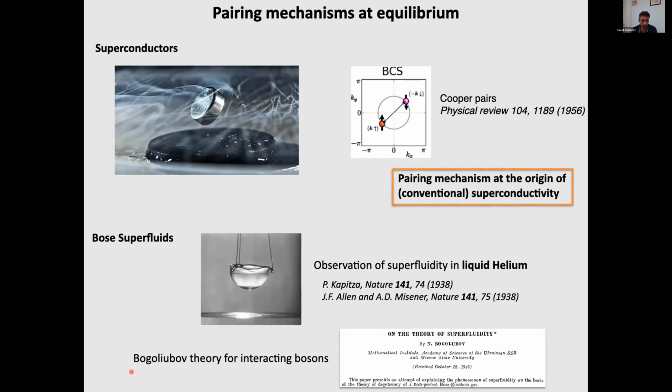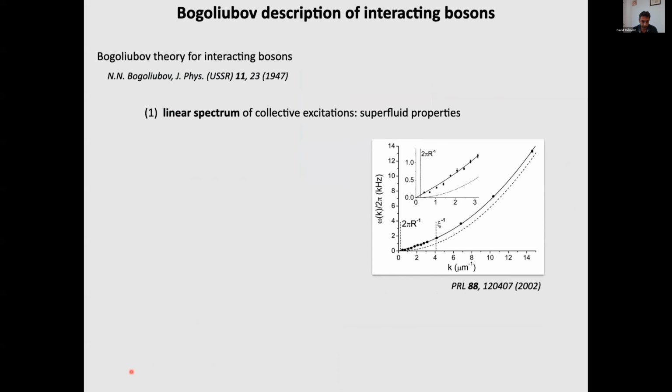So I would like to say a brief word about this Bogolyubov approach. Regarding superfluid properties, one of the main predictions of Bogolyubov theory is the existence of a linear spectrum of collective excitations, phonons, which gives rise to these fascinating superfluid properties.